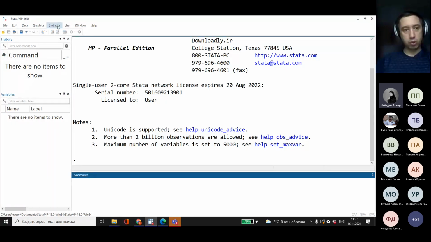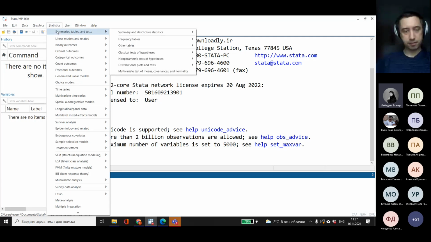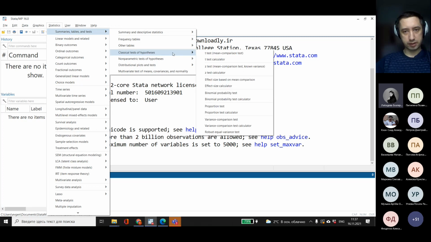We should go to statistics. In statistics, find summaries, tables, and tests. And in summaries, tables, and tests, find classical tests of hypotheses.